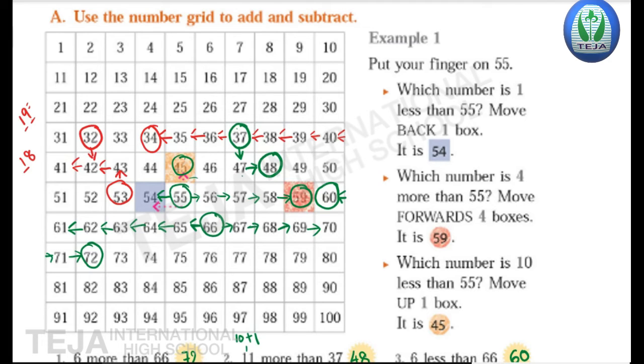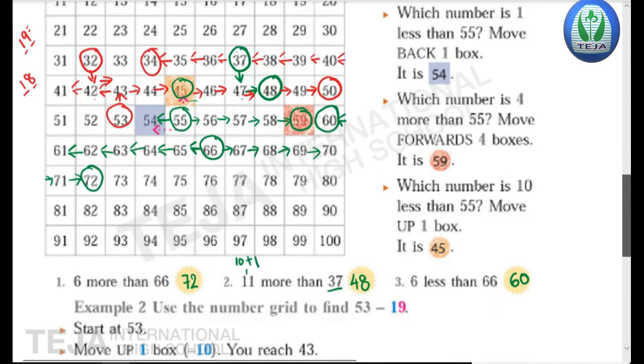So you will reach 42. Okay, and in ones place 8 is there, so move 8 boxes forward. 1, 2, 3, 4, 5, 6, 7, 8. So finally you will reach 50. That is 32 plus 18 is 50.